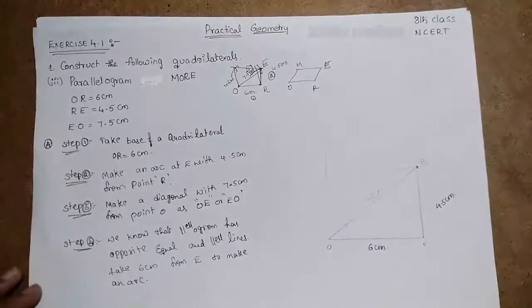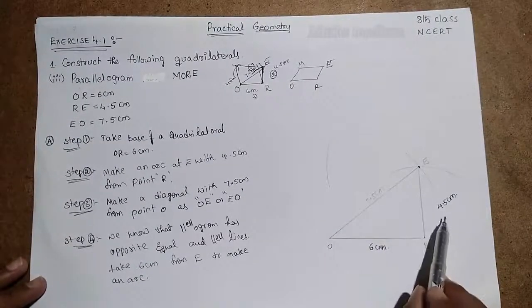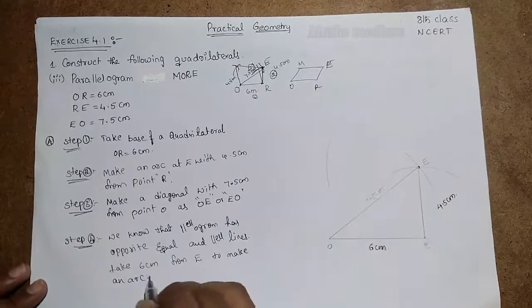Make an arc. Next step, we have to take another 4.5 also. So add this.